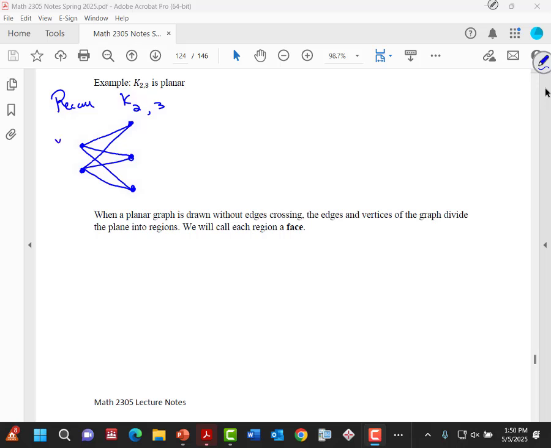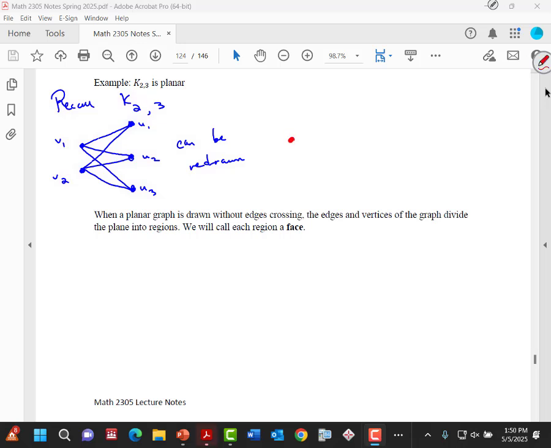And I might label these V1, V2, and then these other ones U1, U2, and U3. So my claim is that this guy can be redrawn as follows. Well, let's take a look.